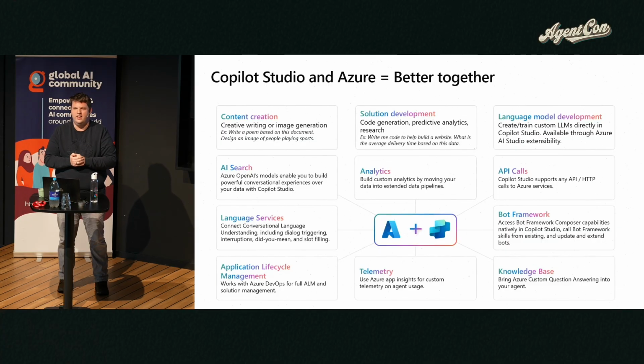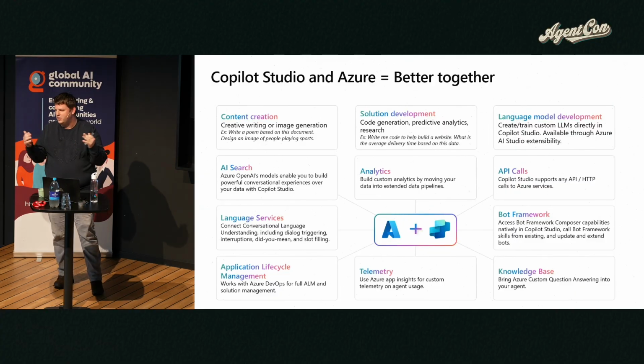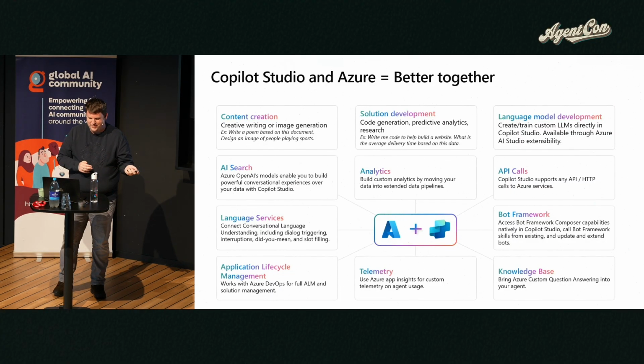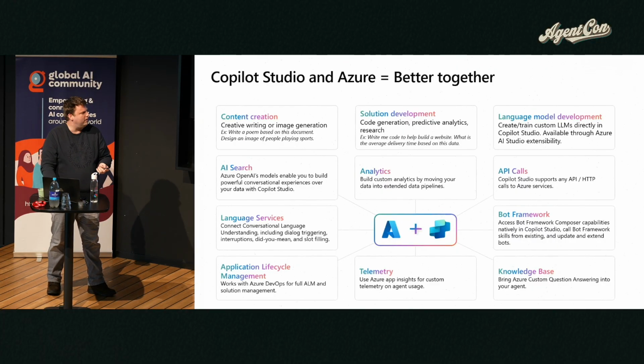So make sure to figure out if some scenarios are better for you with Copilot Studio and some scenarios are better for you with Azure AI Foundry. So try to at least look at them both. That's kind of the parting thought I have here.